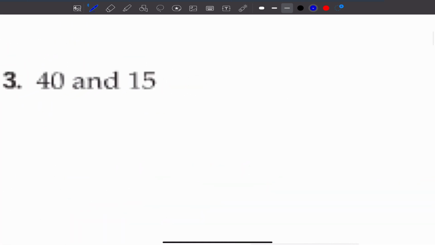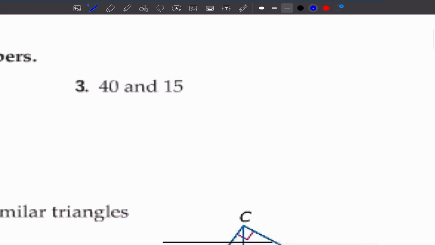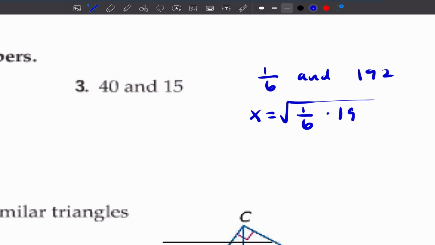And then maybe you'll get something like this on a quiz or an assessment. If you have to find the geometric mean between a fraction, let's say 1/6 and 192, well, that's essentially saying x equals the square root of 1/6 times 192, and I have a fraction and a whole number, so I can go ahead and multiply those.